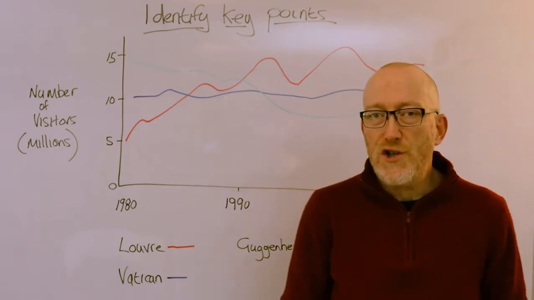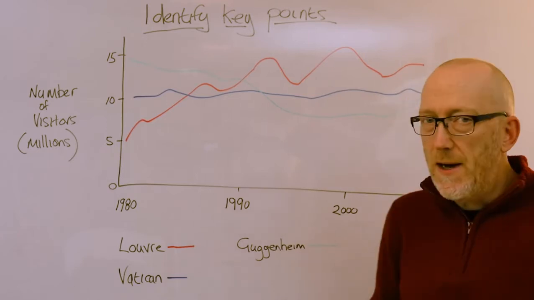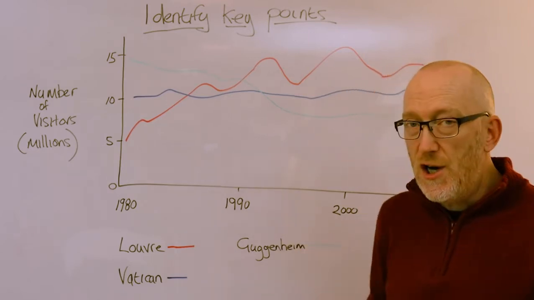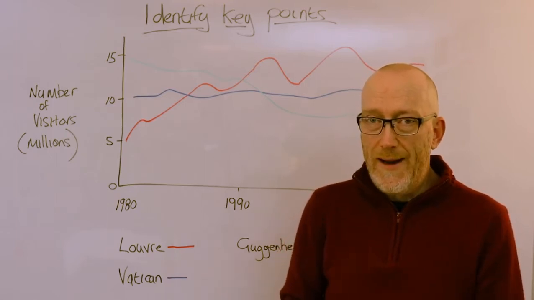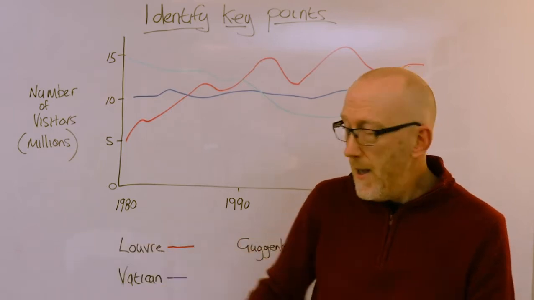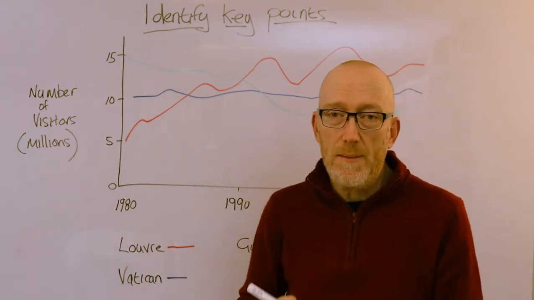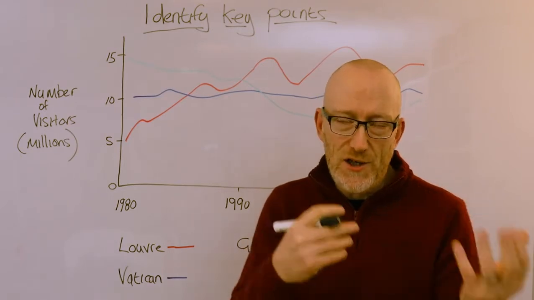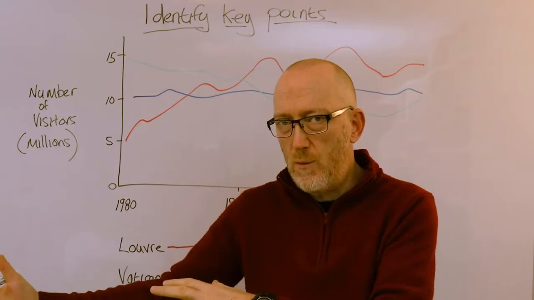Let's clarify what change over time means. Change over time basically is a chart of any type that shows a difference between yesterday, today and perhaps tomorrow. Yeah? And I mentioned tomorrow because in IELTS sometimes you will be given a chart or a graph that demonstrates the future as well.